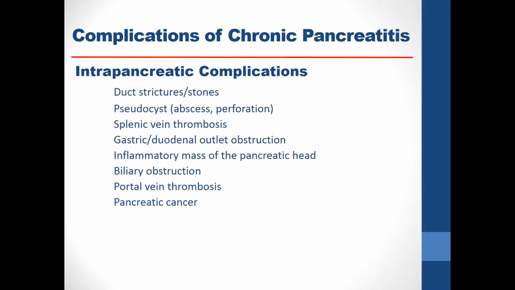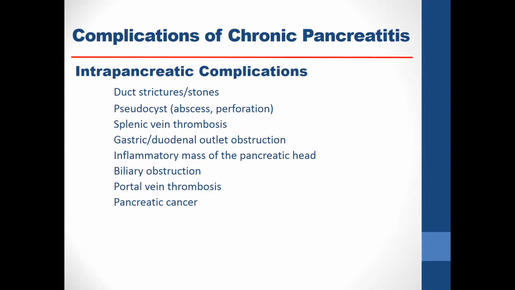Certainly the intrapancreatic complications include duct strictures and stones, which are common, pseudocyst, splenic vein thrombosis with associated portal hypertension, which can give localized vascular hypertrophy and venous hypertension in the field of resection.